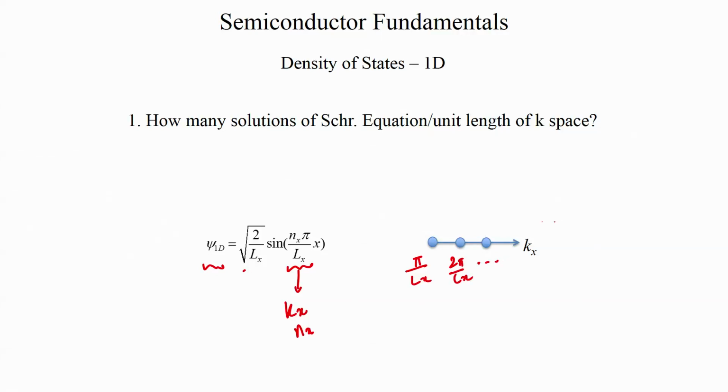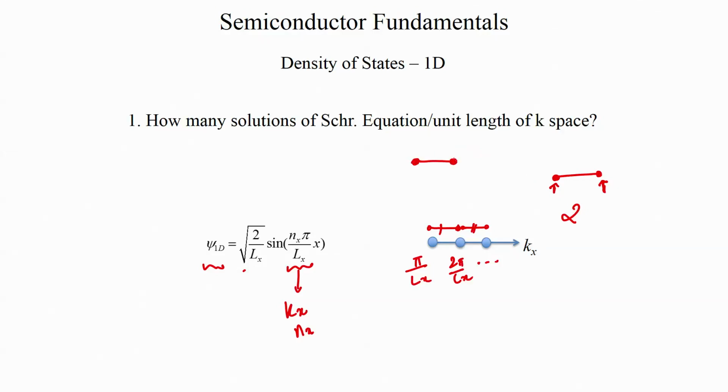If you look at the number of solutions per unit length of K space, first, these are my unit cells now. That is one unit cell, that is the second unit cell. If you look at the number of solutions per unit cell, each cell has 2 solutions, one on this end and one on that end. But each solution is shared by 2 unit cells.